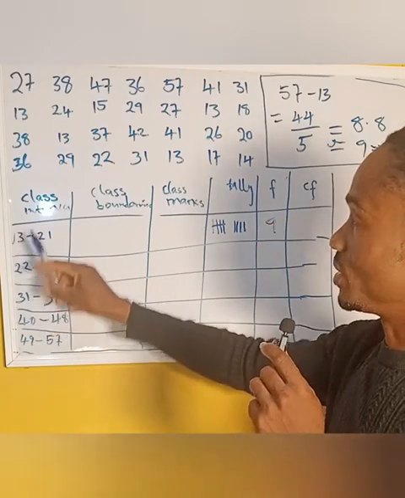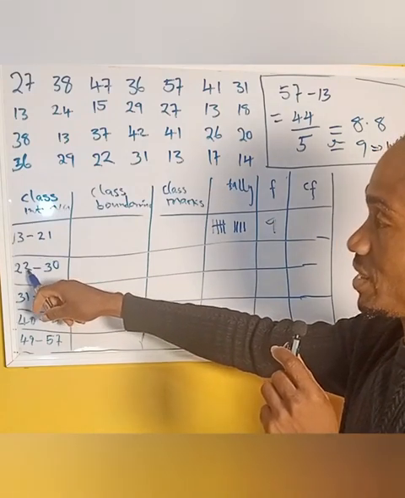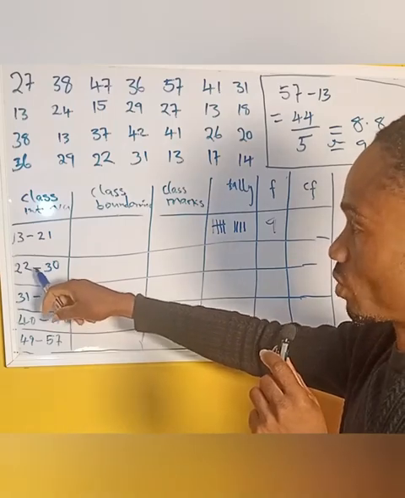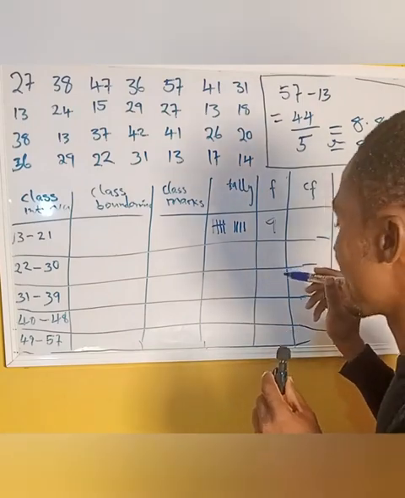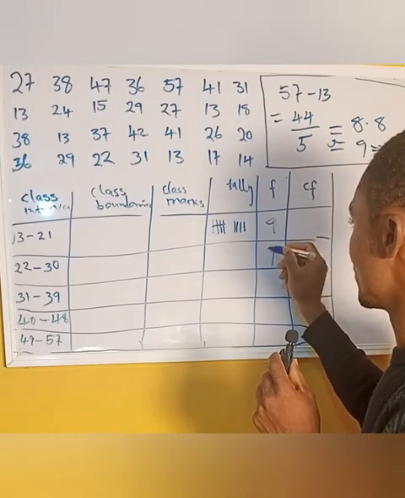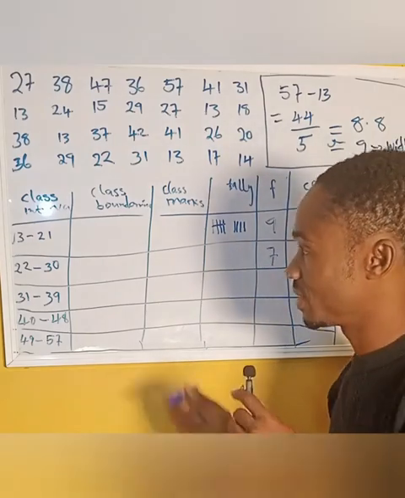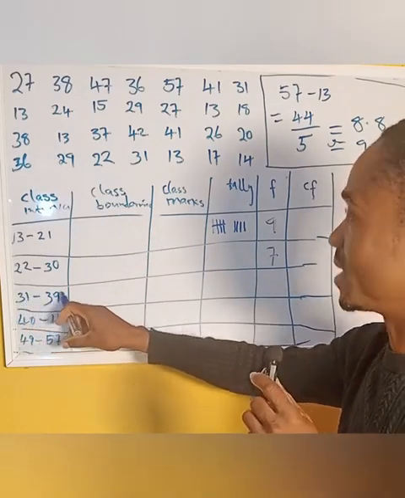Then you come to this. How many data sets fall under 22 to 30? If you also do that very well and check round, you have 7. You come under 31 to 39. How many data sets fall under this?